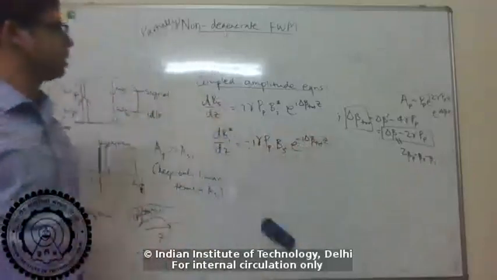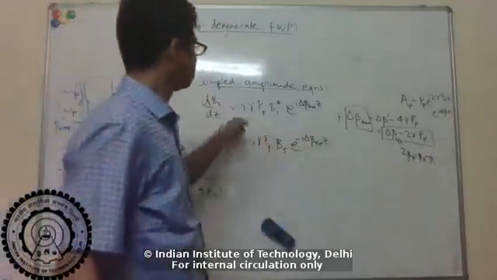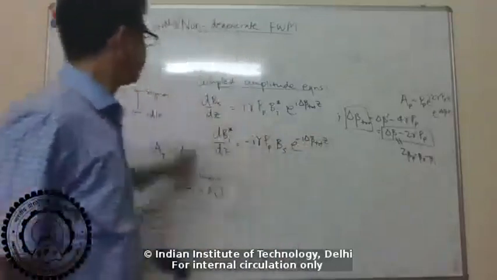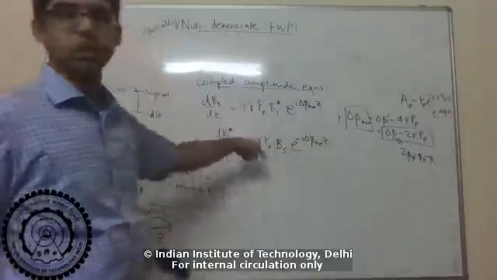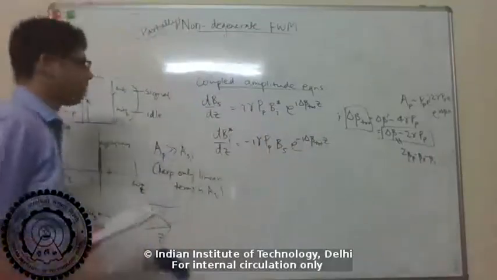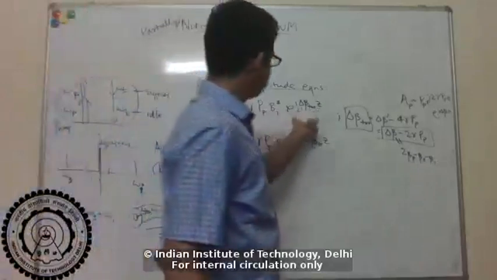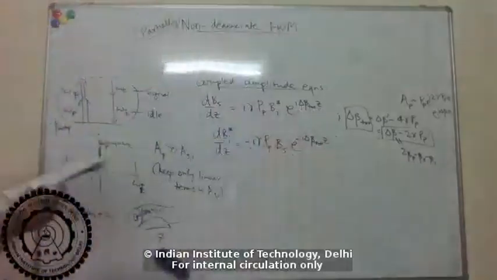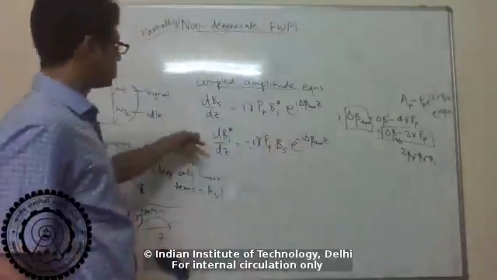Okay, so we get these two coupled equations now in Bs and Bi conjugate. And this is similar to what we ended up with last time with A3 prime and A4 prime, except the only change here is that we have this phase factor. Again, now we know how to solve this.